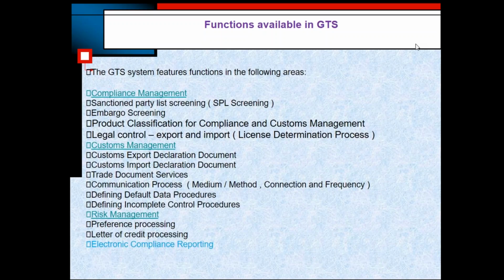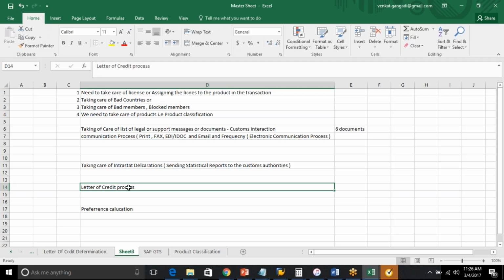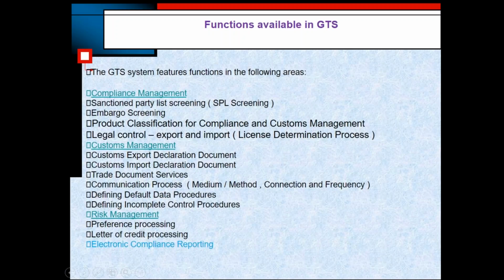So this is all about the customs management overview, and then the risk management. In order to make you understand, I'm going back. You understood that there is something called letter of credit, right? There is a requirement in the international trade process that takes care of the letter of credit, which is available in the GTS module as the letter of credit process.